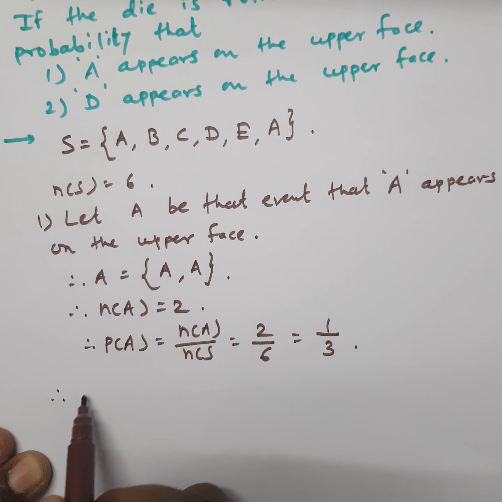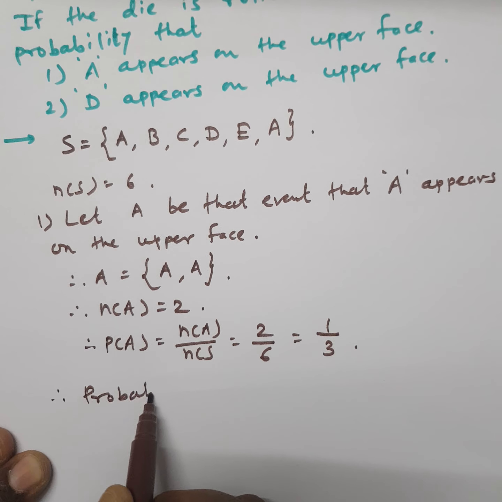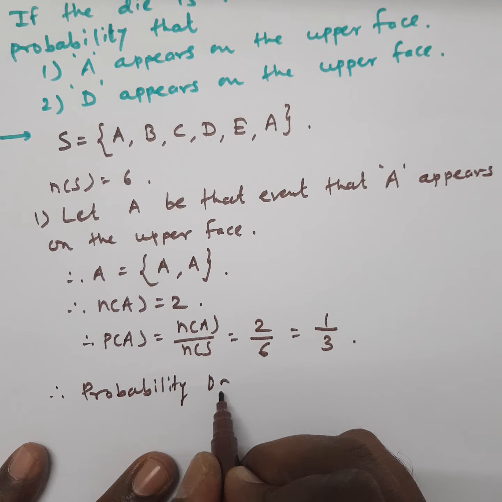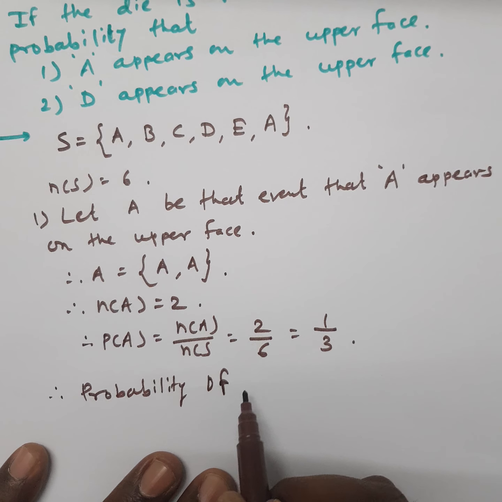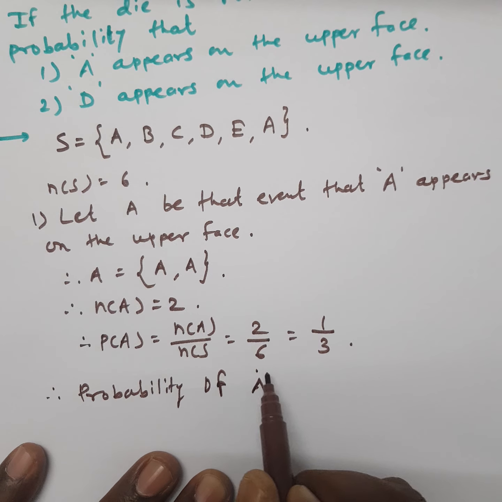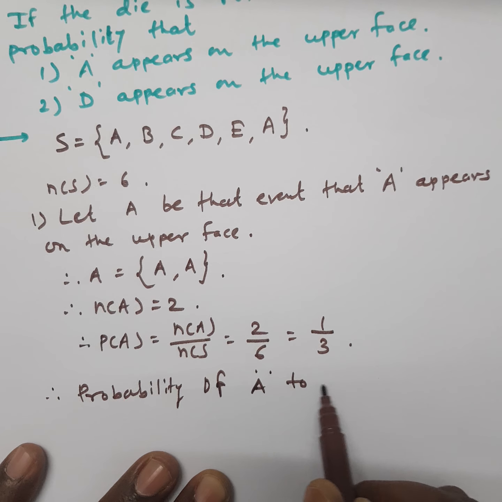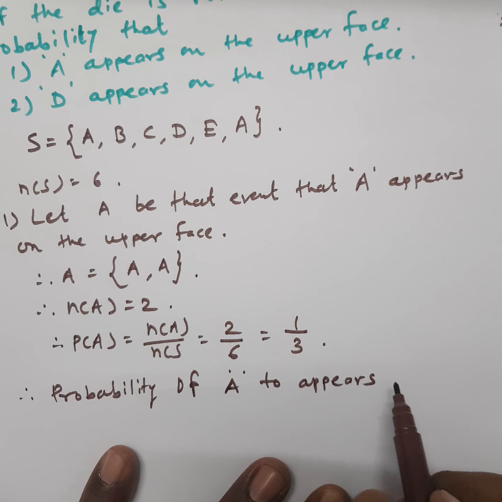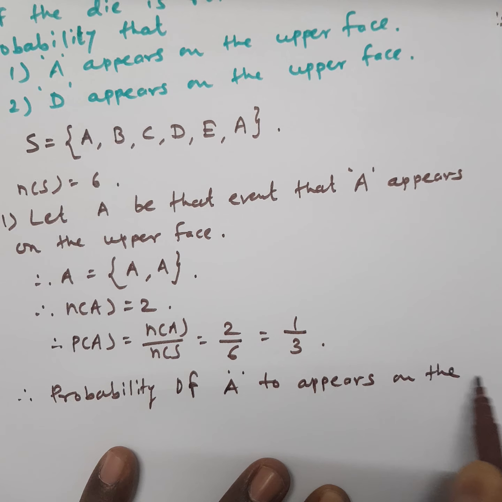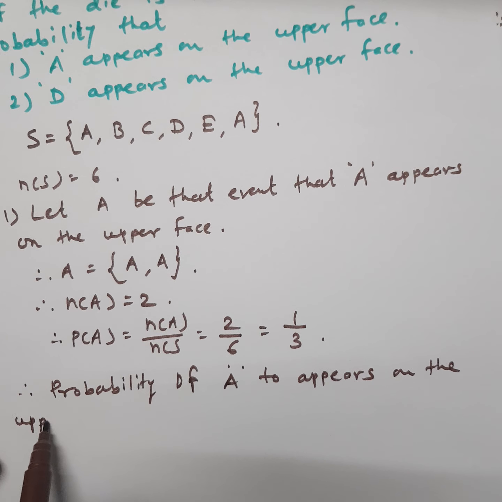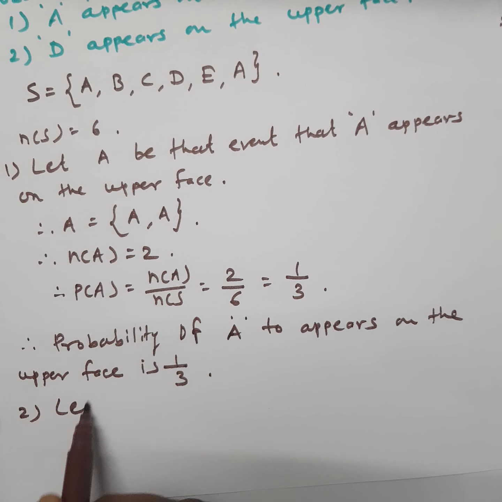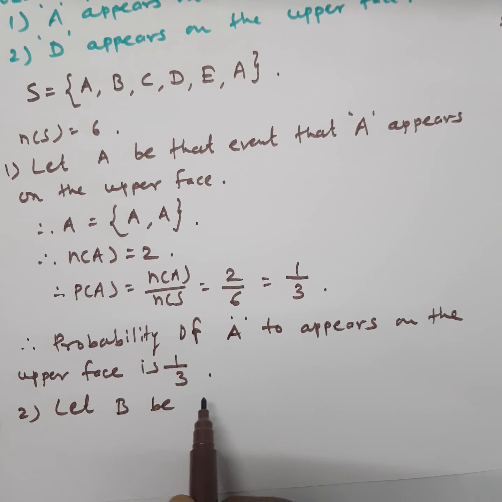Therefore probability of event A, that is of A to appear on the upper face, is 1 upon 3.